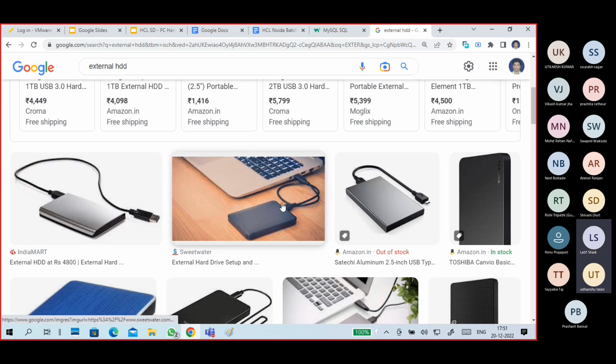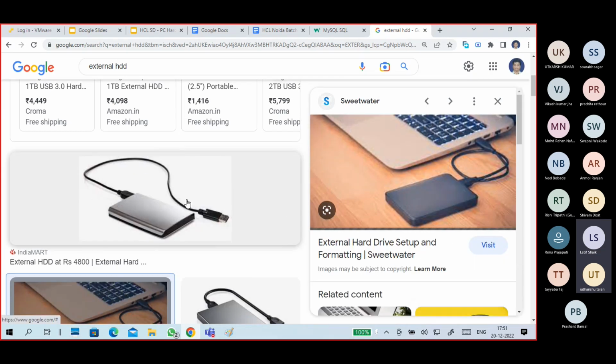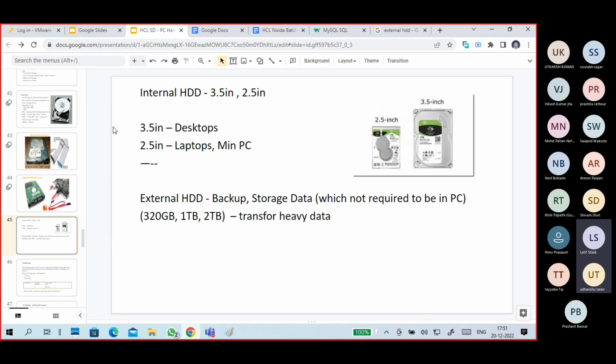These external hard disks are used to store heavy data. Normally pen drives are very small in size, right? 64 GB, 32 GB. It's a small amount of data we can store and transfer. But external hard disks are used to store backups and heavy data, when your system has a lot of data and you need more free space. So what to do? Copy the data and store it in an external hard disk.